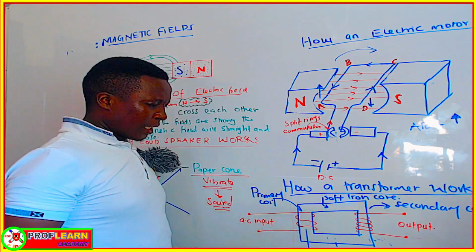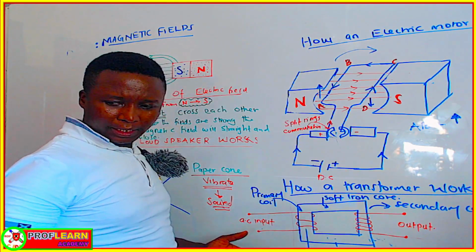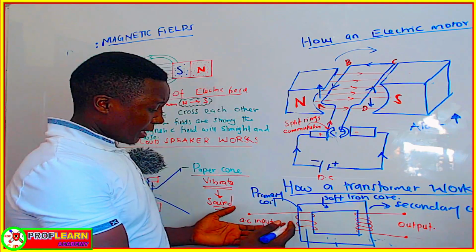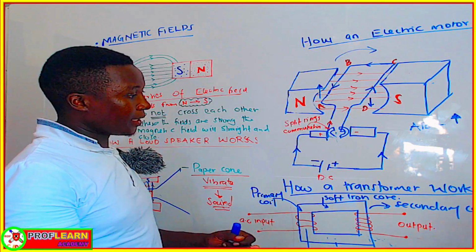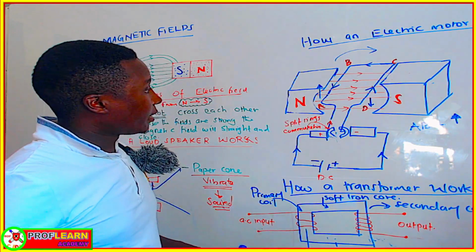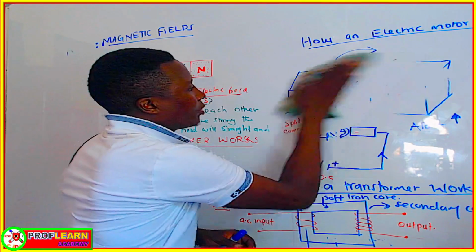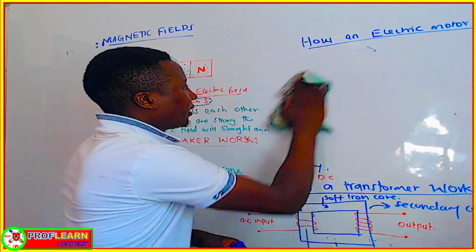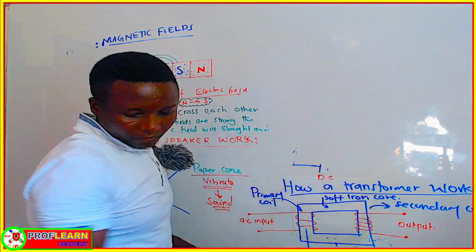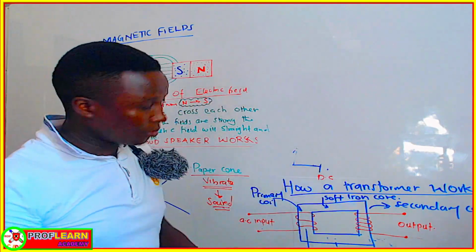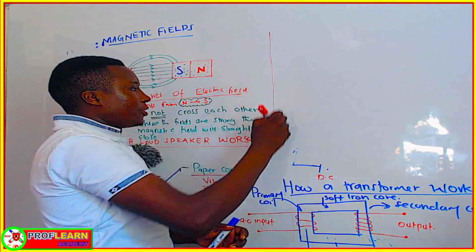But that one we're going to discuss later in other videos. Here, what I want to insist on is just explaining how a transformer works, so I can get rid of this part and write a few points on how a transformer works.